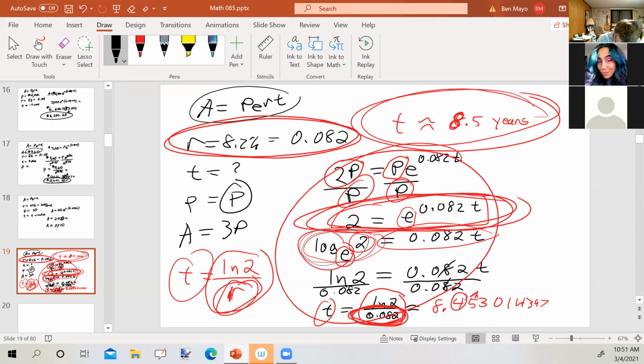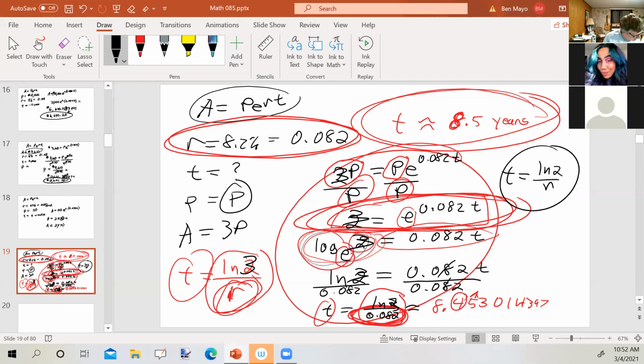So then you'd end up with the natural log of 3 over r equals t. Can you see that? Because this would be a 3, this would be a 3, this would be a 3. But for doubling time, it's the natural log of 2 divided by the growth rate.